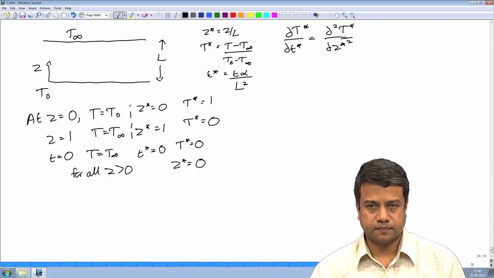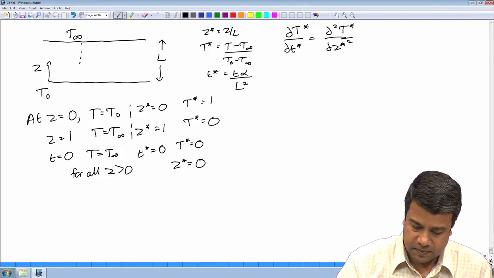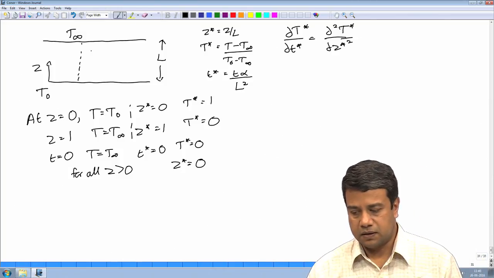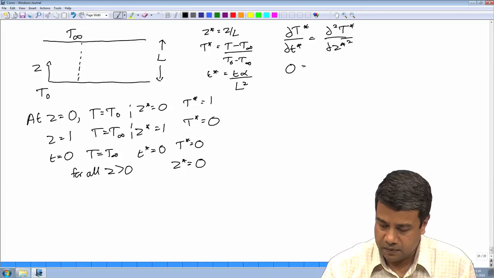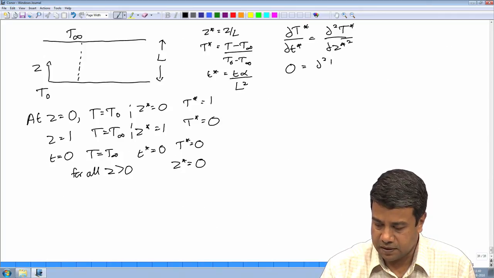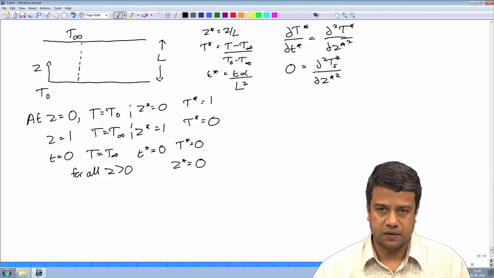I had expected that in the long time limit you would get a steady temperature profile, satisfying the equation d square T star by d z star square equal to 0, because in the long time limit the temperature should no longer depend upon time, it should attain a steady value.